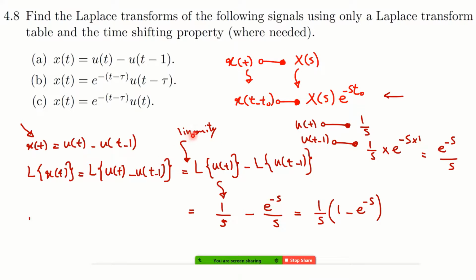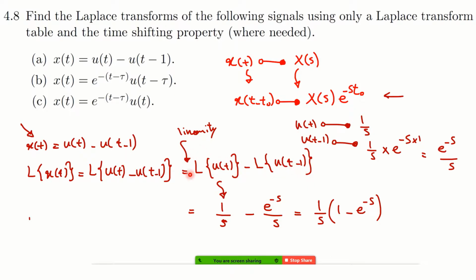And because of the linear property of Laplace transform, I can decompose that to the Laplace transform of the first item plus the Laplace transform of the second item, and the second item is minus u(t minus 1). I can take out this minus, so it becomes the Laplace transform of u(t) minus the Laplace transform of u(t minus 1).